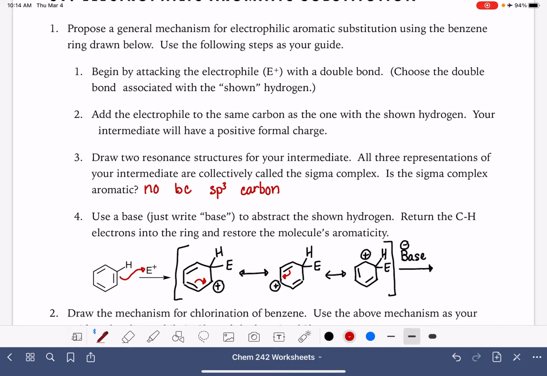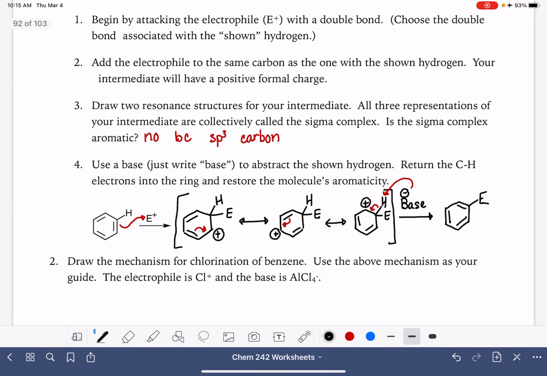The base is going to grab the hydrogen atom, the one that I've drawn, the hydrogen atom that is on the same carbon as the electrophile. The carbon-hydrogen electrons are going to go into the ring to reform that third double bond and return aromaticity. So it's going to look like this with the electrophile left behind. And the molecule is now aromatic.